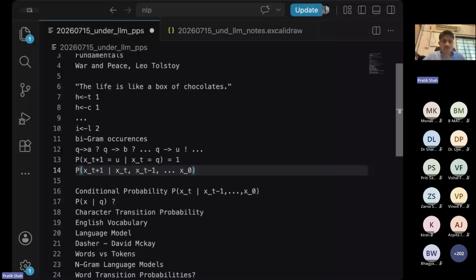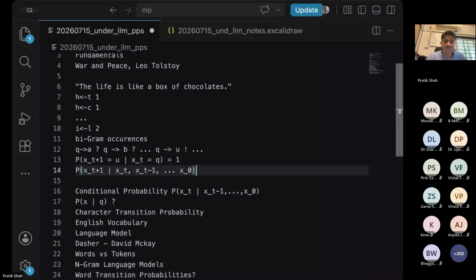So I have, let's say, 10 characters in my word. I hide the last one. I reveal the first 9. Can you tell me what will be the next character? That's how we put this context into place. So all this x0 to xt, they are the context characters. And xt plus 1 is the alphabet which we try to figure out.